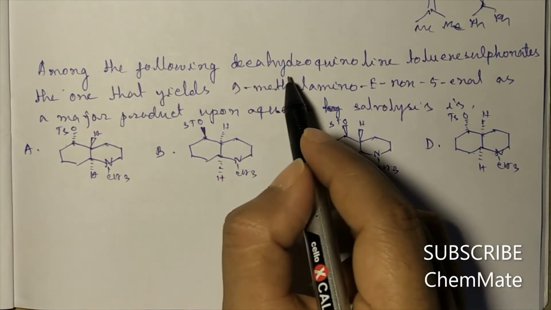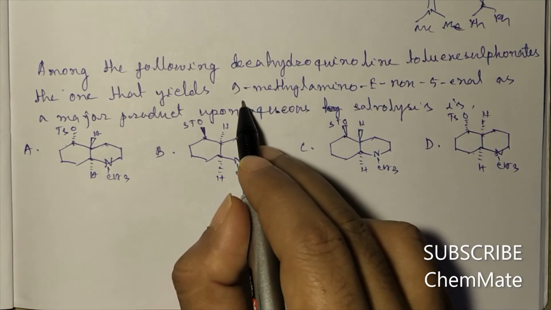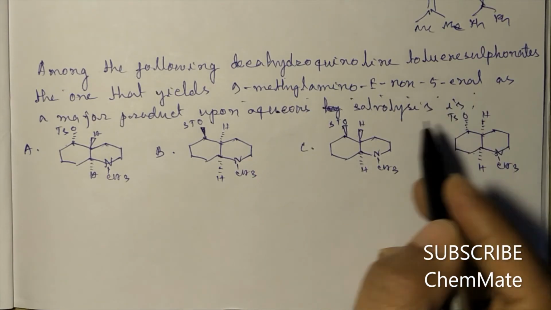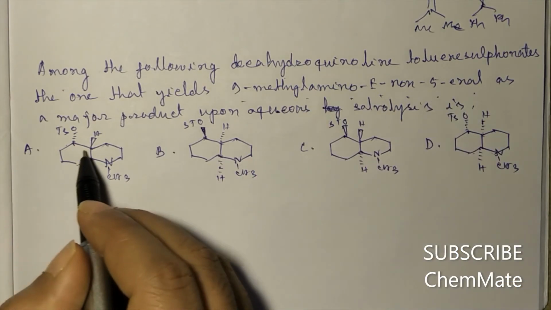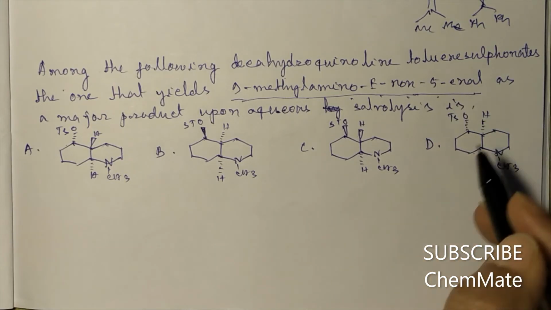Among the following decahydroquinoline toluenesulfonates, the one that yields 9-methylamino E-non-5-enal as a major product. So first we have to see the 9-methylamino E-non-5-enal.